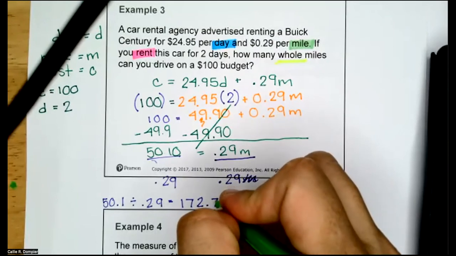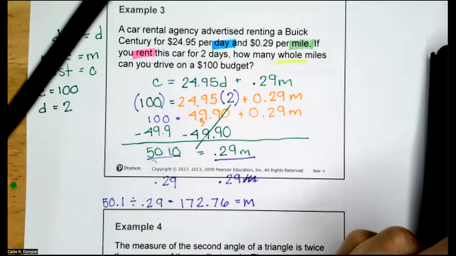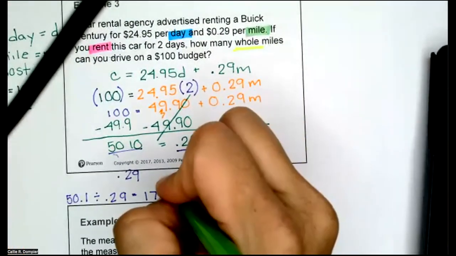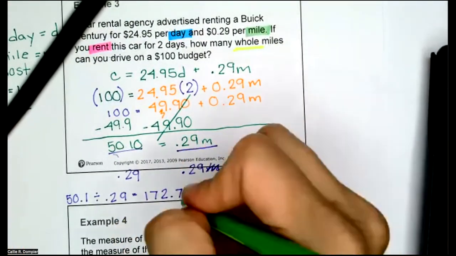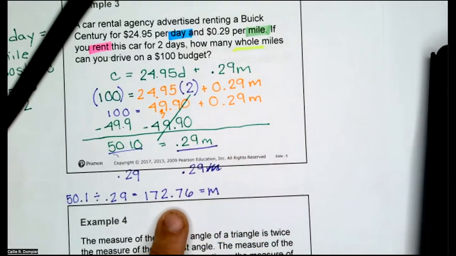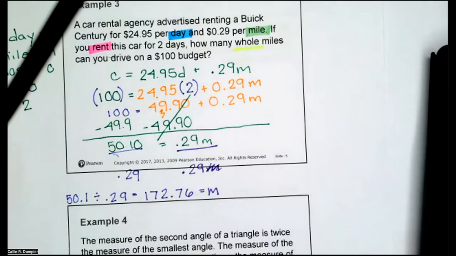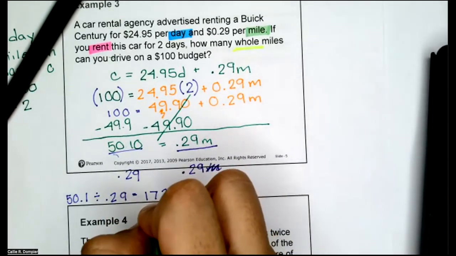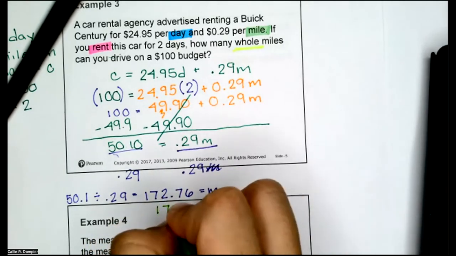I can't go 173, right? That would be more than $100, but I can go 172 and ignore that. Even though if I was rounding it, it's closer to 173 than 172. I can't go over $100, so I can't go above this number. So that becomes just 172.